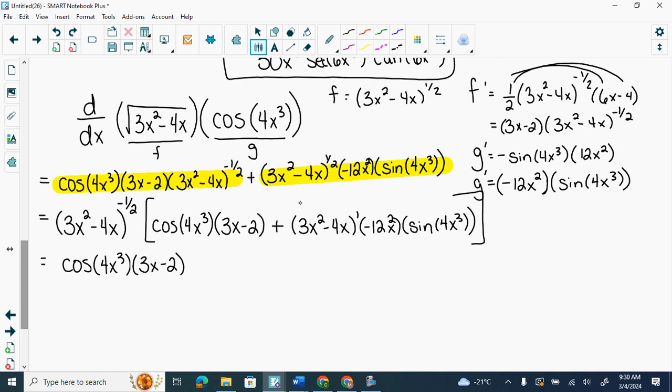So we could take an x out of this and we'd be left with 3x minus 4. They'll make this join this. So then we're going to get minus 12x cubed. Patience, my dear Watson, it's going to go to the denominator if you're wondering where the first thing went. There we are. And then sine 4x cubed.